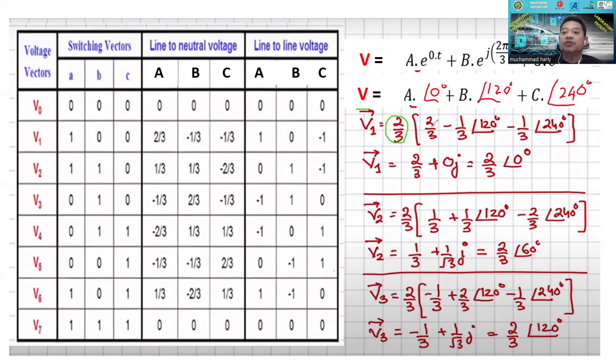The important thing that you should know is that here, the 2/3, this means e, times 1. You know that e to the power of 0 j is equal to 1.